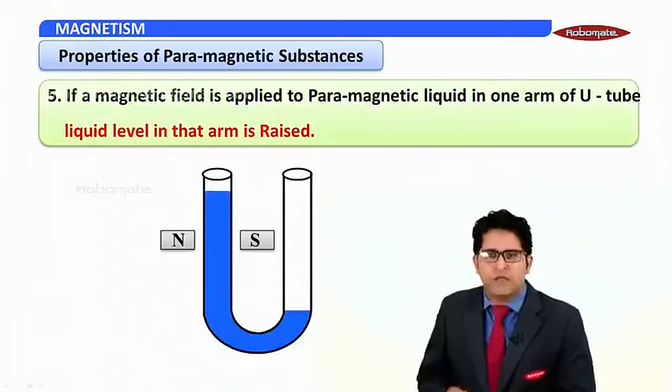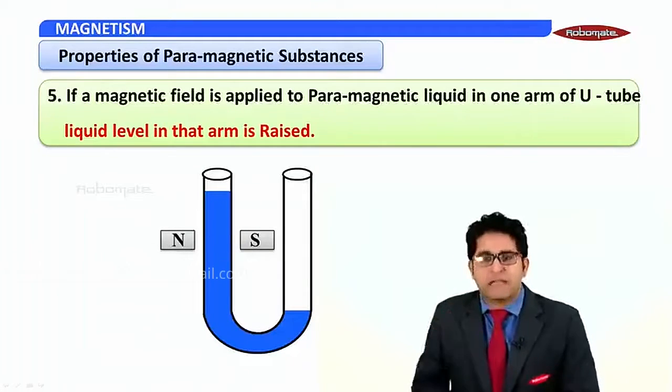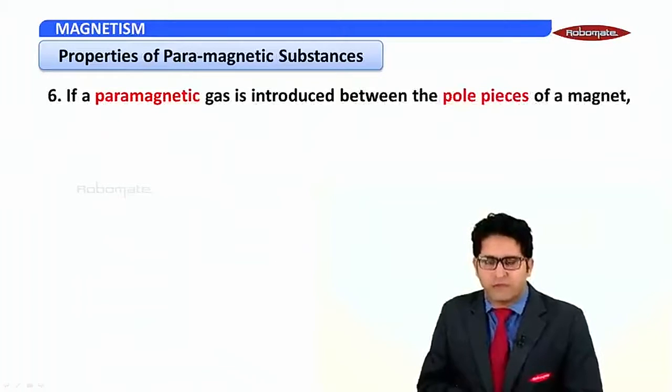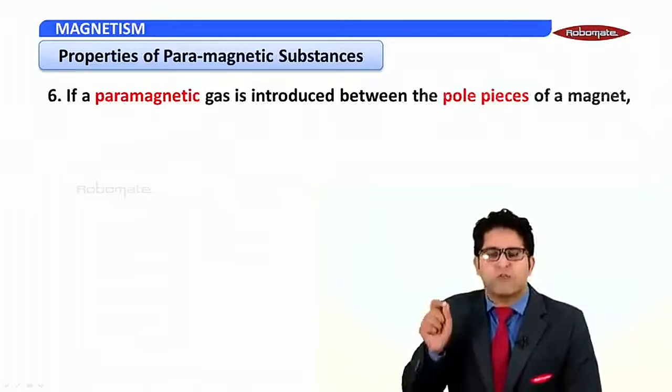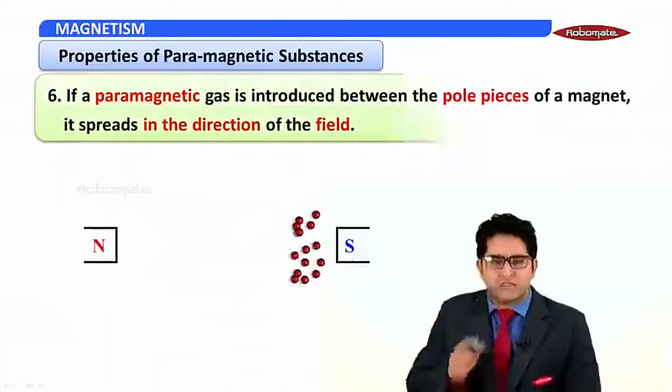Now let us see the behavior of paramagnetic gas. If a paramagnetic gas is introduced between the two poles of a magnet, it will always move parallel to the field, in the direction of the field.